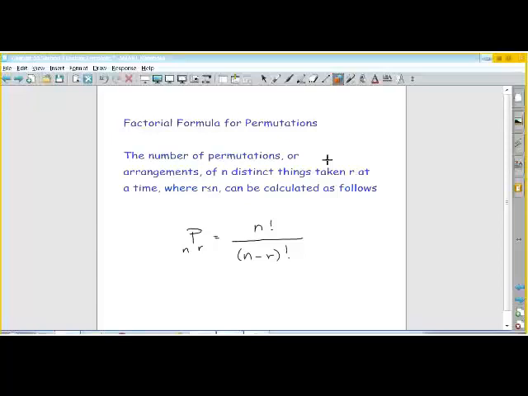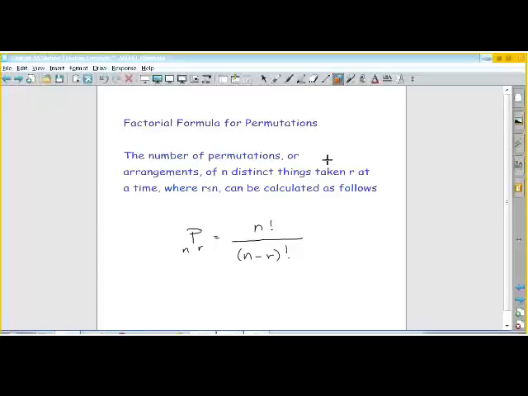The way you represent this problem, use P to stand for permutation. The first subscript, n, is the number of things you're choosing from. So n is 10 in our particular example. r is the number of things we're choosing, the number of officers, the number of people placing in a race. So that is 3.